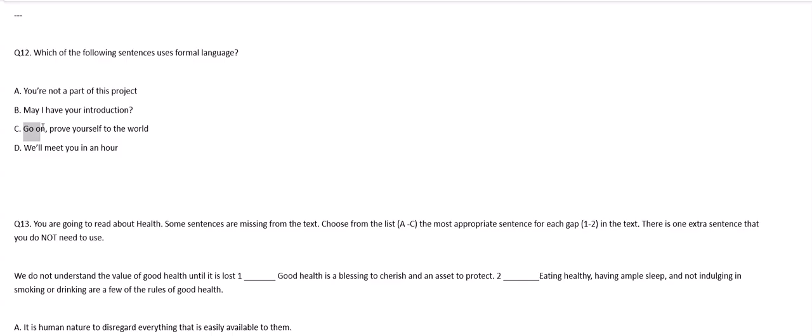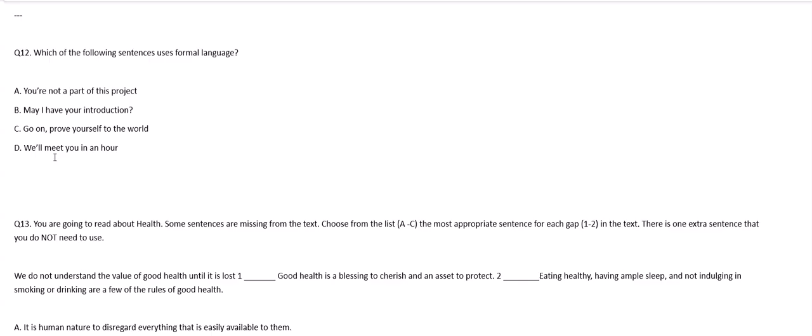Or demonstrate your skills to a larger audience in the world. Like that, you can say.